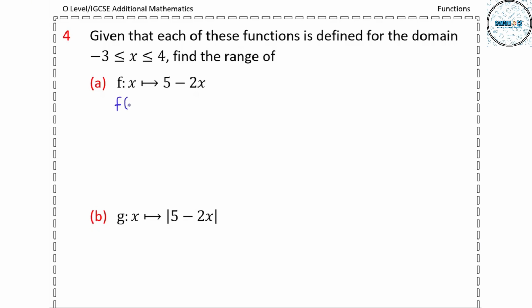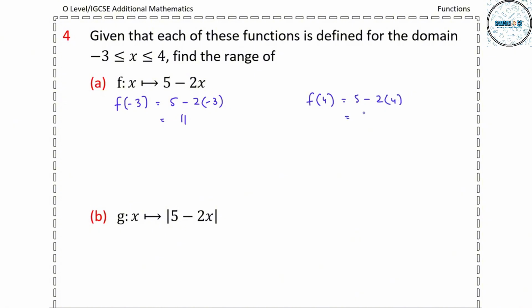So first of all, we will take f of minus 3. So f of minus 3 is 5 minus 2 into minus 3, which will be 11. Then we will take f of 4. We will substitute 4 in the function.